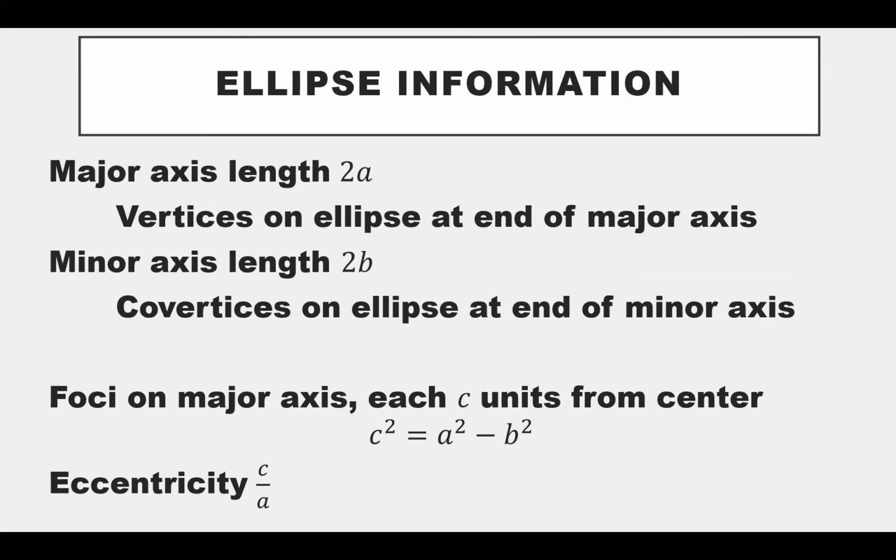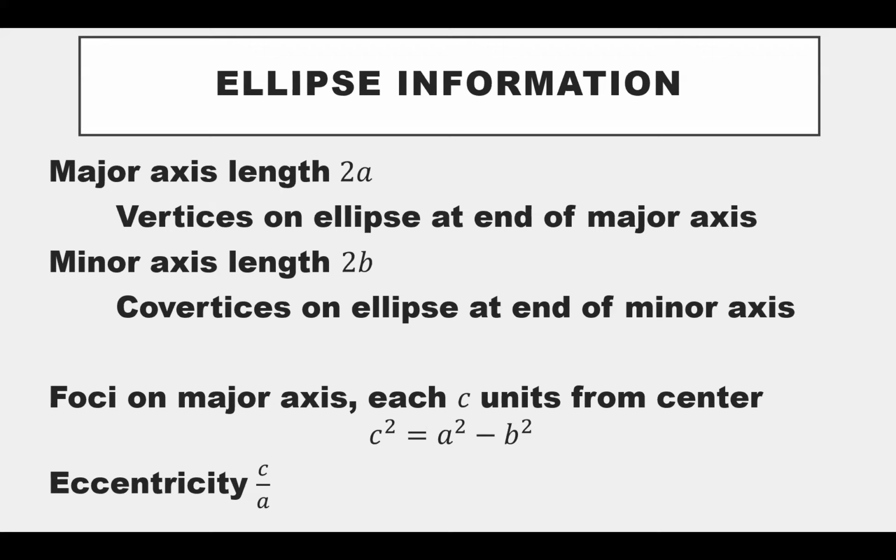Now, once we've seen this, we can state some of the information on an ellipse. The major axis of the ellipse is length 2a. The vertices on the ellipse are at the end of the major axis.